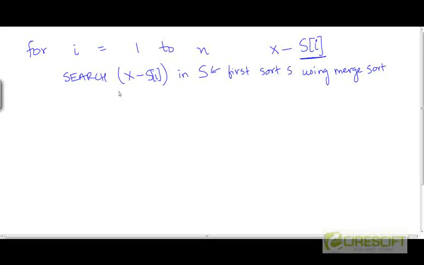this search operation is going to take time in the worst case theta of log n because there are n elements in S in total.